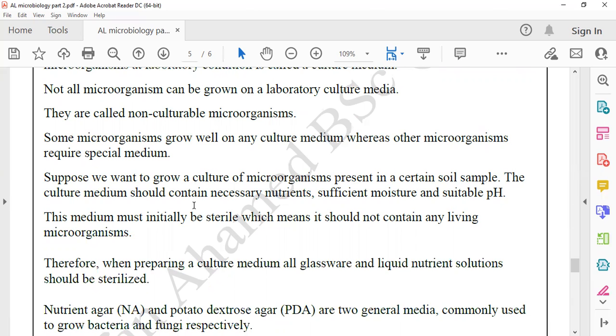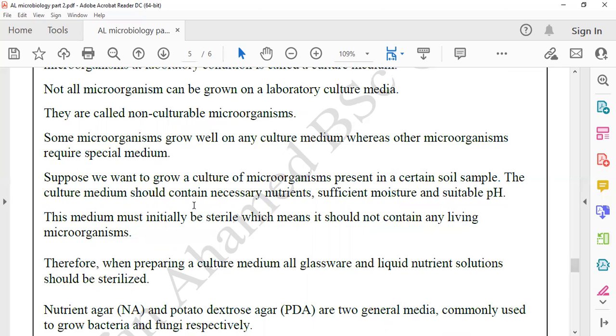Opposite, can grow. Among the ones that can grow, another two types are there. One, any culture medium. There is one category. Special culture medium are essential is the other.